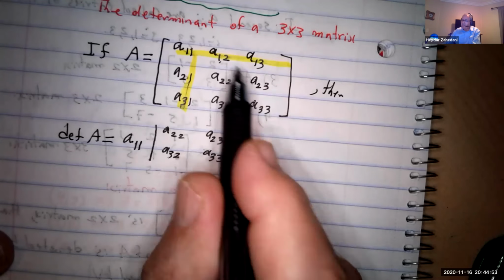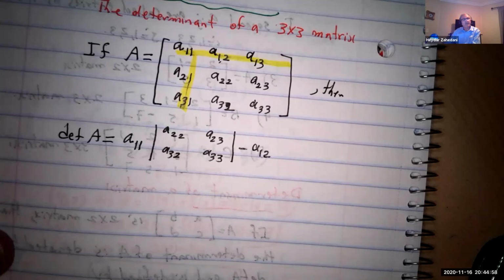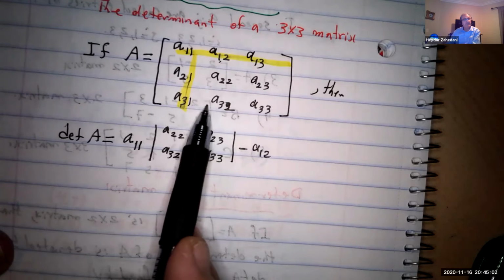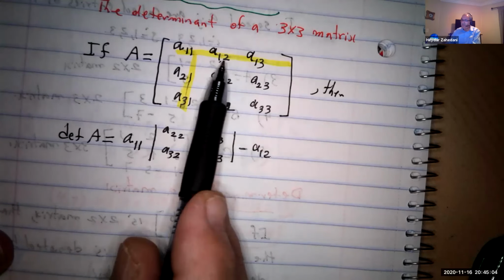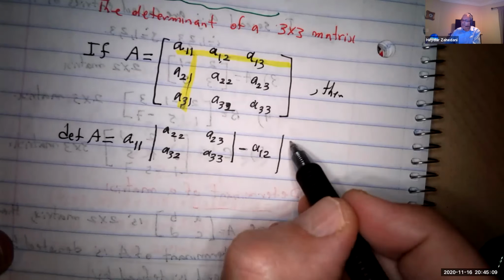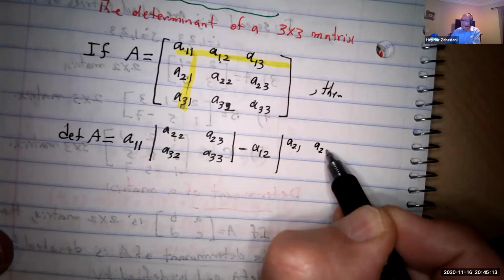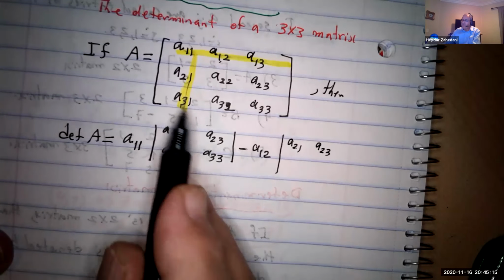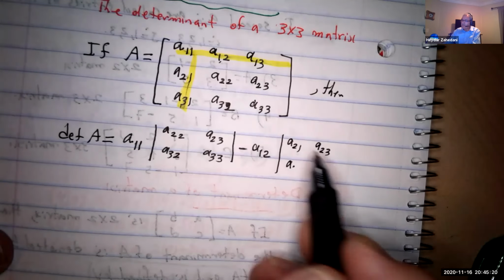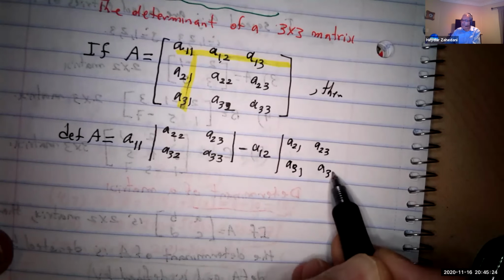So we pick this number and we eliminate the row and the column. Then this is going to be minus. We pick the second number, A12. We do the same thing. We eliminate the row and the column that contain that number. So if you eliminate it, the leftover is going to be this matrix: A21, A23, A31, and A33.